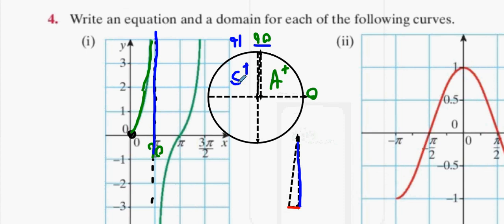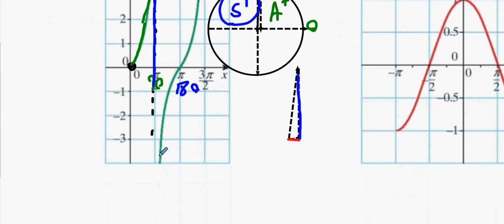Because we know that tan is negative in the second quadrant. So from 90 to 180, it's really negative, but it's on its way back up again. Then it eventually hits 0.